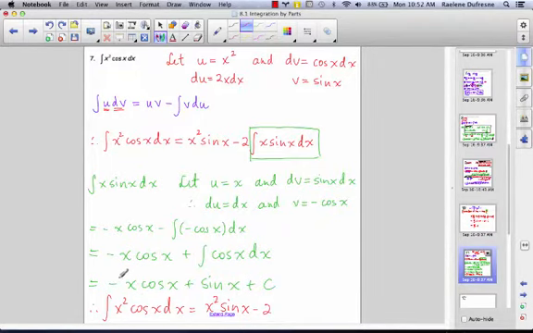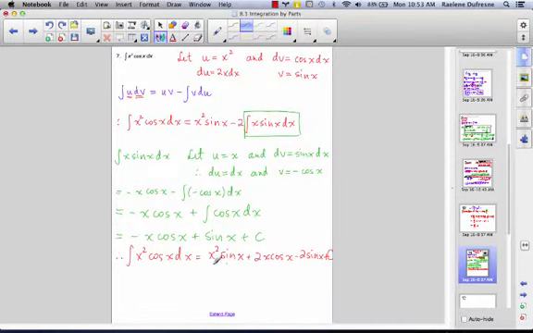And so negative 2 times negative x cosine x is positive 2x cos x. And then we take negative 2 outside of the green box and multiply it by the sine x. And we don't have to call the constant negative 2c, we can just call it another c. I'm going to make it a bigger c.